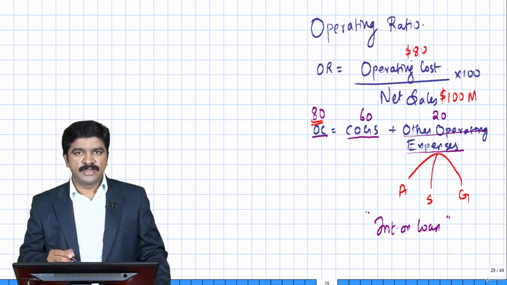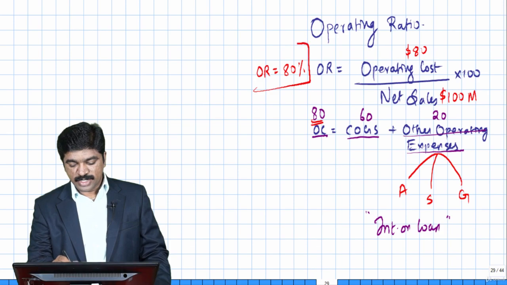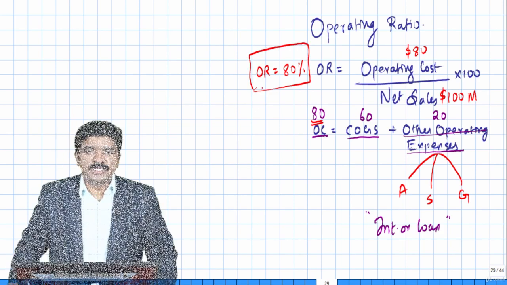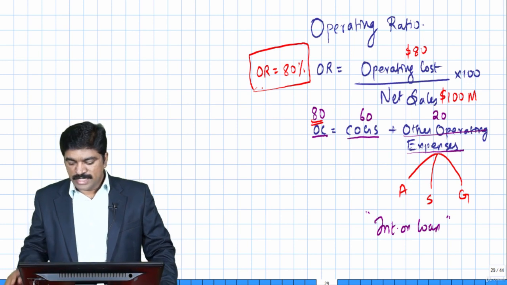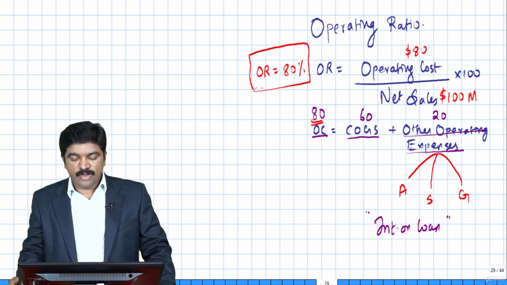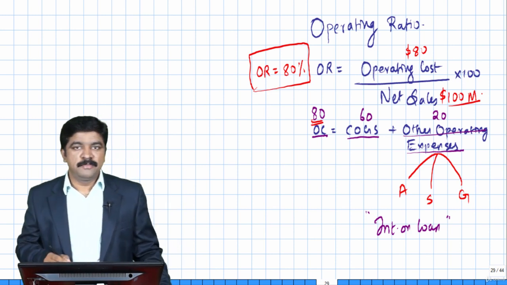Then this would give you an operating ratio of 80%. This ratio is expressed in percentages. So if your operating cost is $80 million and net sales is $100 million, then your operating ratio is going to be 80%.